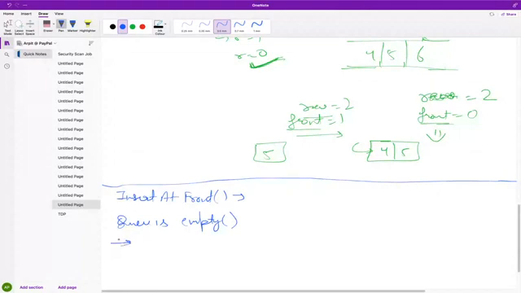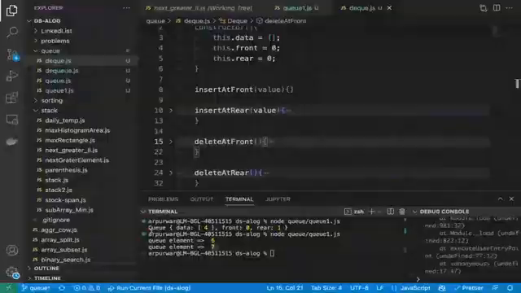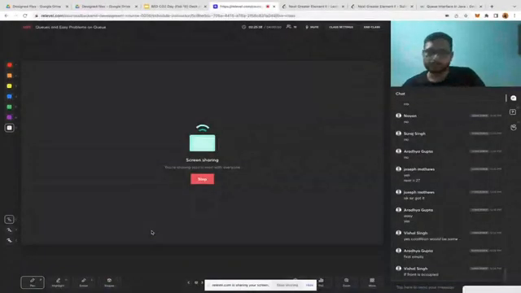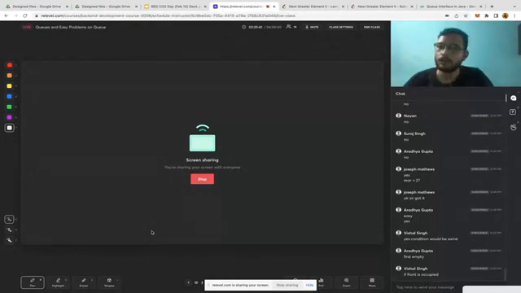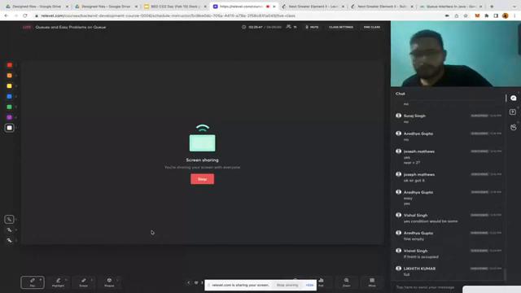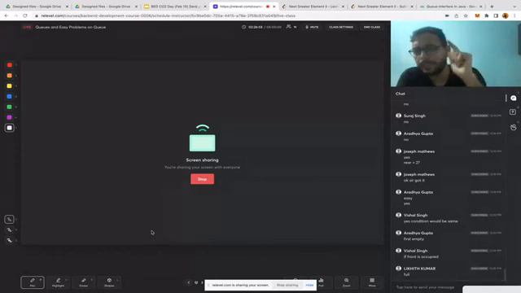What about the other scenario? If front is occupied. No, no, no. If front is occupied, it could be in two ways. Think about it. Your answer is correct, Vishal, but just a little bit more.